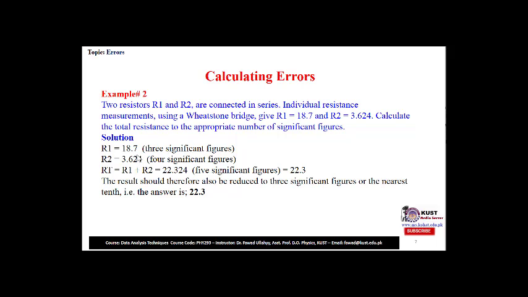Here we have only 3 significant figures in one and 4 in the other. Visibly we get 5 significant figures, but that is not true. It cannot have more significant figures than the least, and that is 3. So we round off this result to 3 significant figures, and the result is 22.3 ohms.